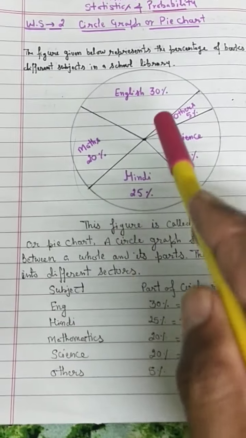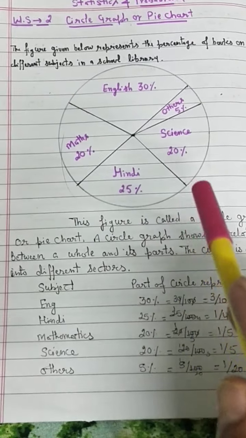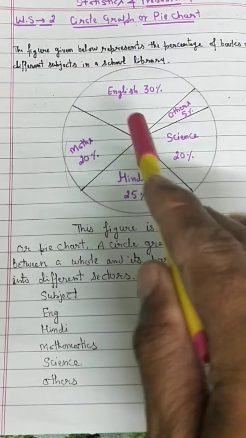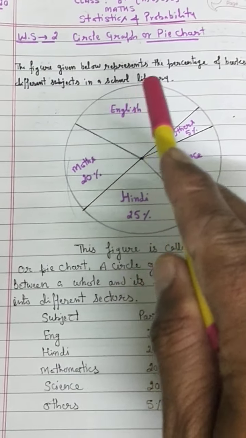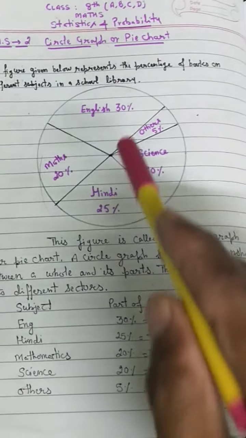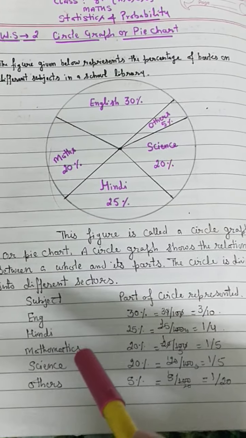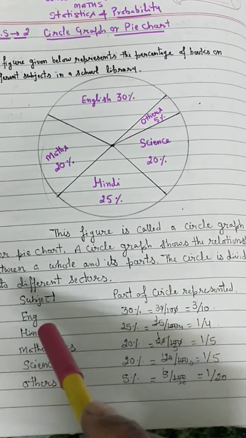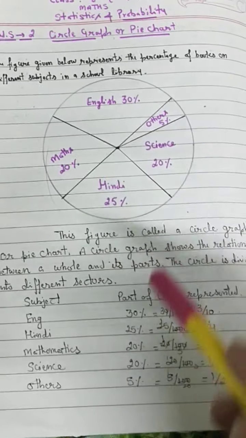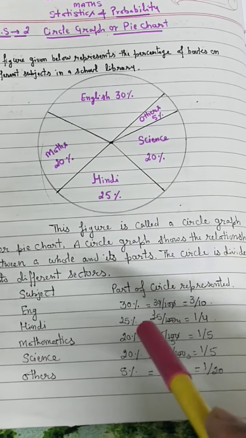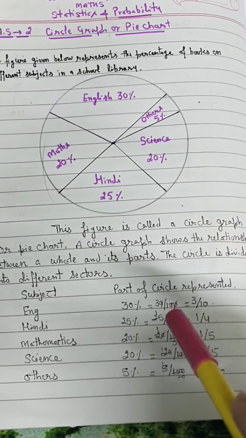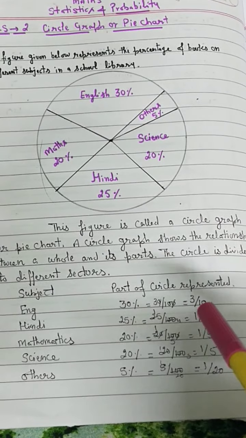Now look here how we can solve it. In the second worksheet we go for only this. What is given? Subject and part of circle represented. Subjects: English, Hindi, Mathematics, Science, others. English, the percentage is 30, and part of circle represented is 30%, means 30 upon 100, which is equal to 3 upon 10.